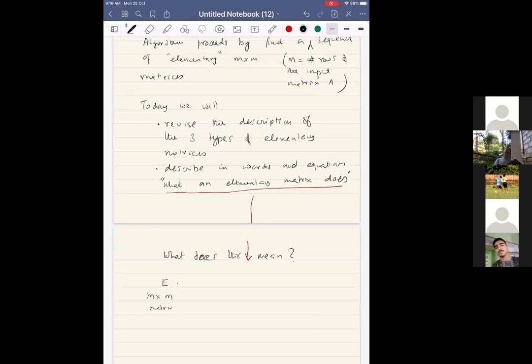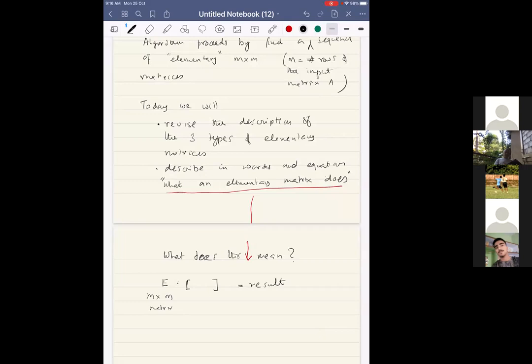Now I'm going to multiply it on the right by another matrix, a second matrix, and I will describe the result. So that is what this phrase means.